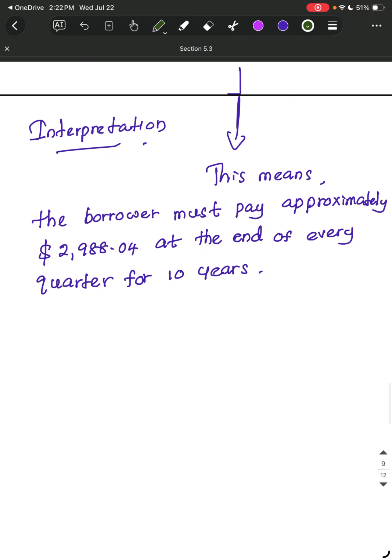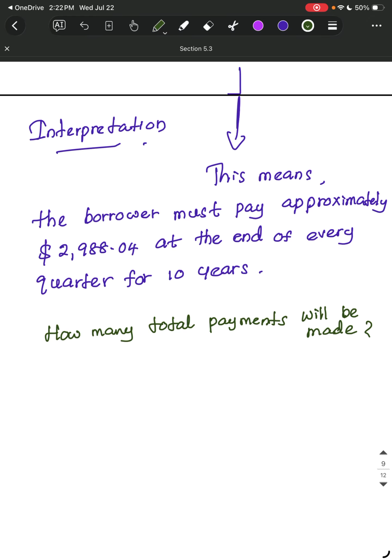Then how many total payments will be made? There are 40 total payments.